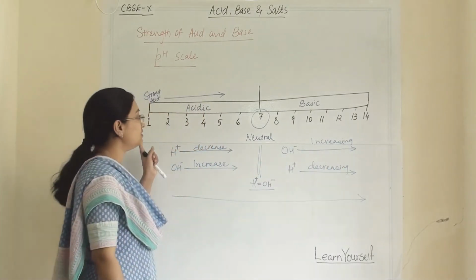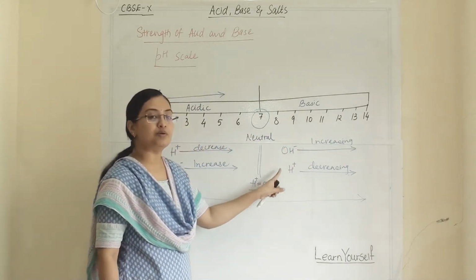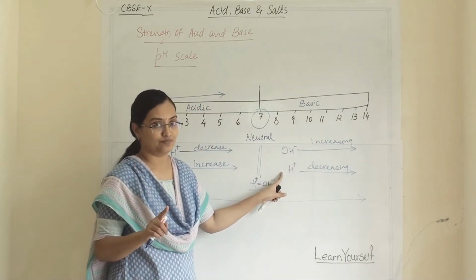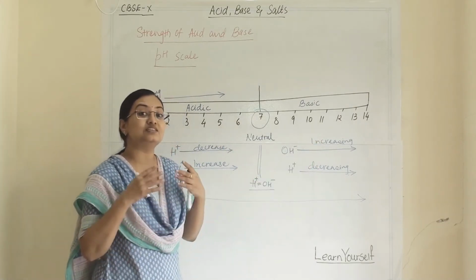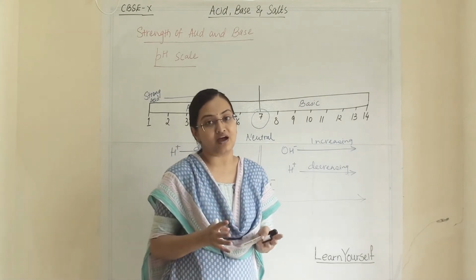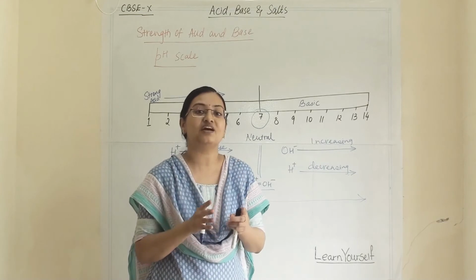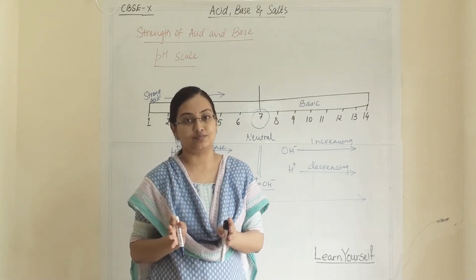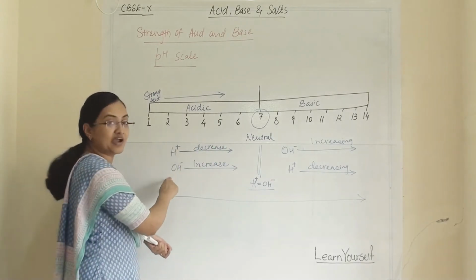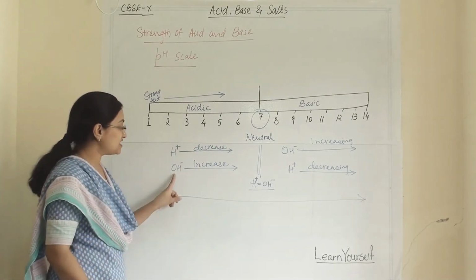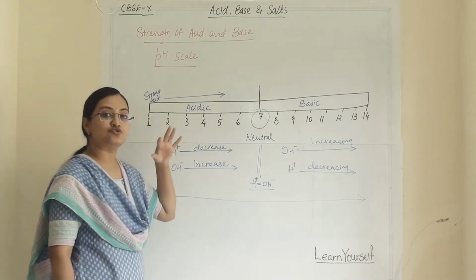So throughout the pH scale from 1 to 14, both ions will be present in the solution, but it depends upon the amount of ion, which ion is more and how much more will define the nature of the solution. It is not that when the solution is acidic, OH minus will be absent. OH minus will be there, but it is very little, so H plus is dominating.